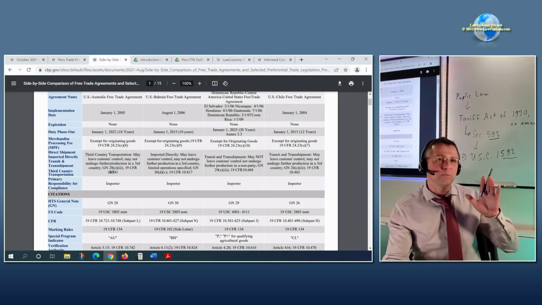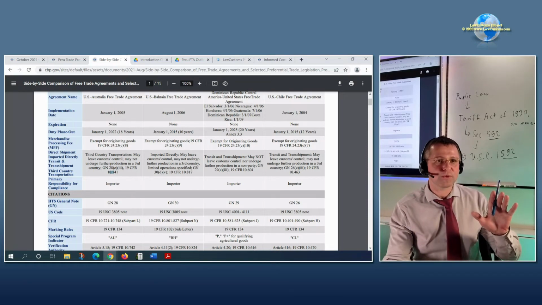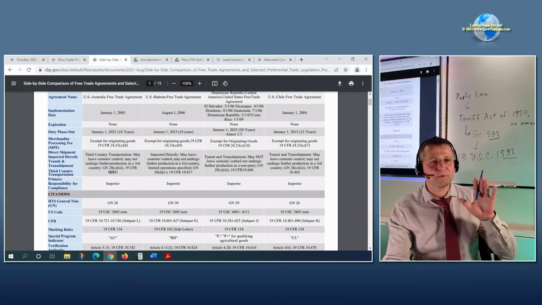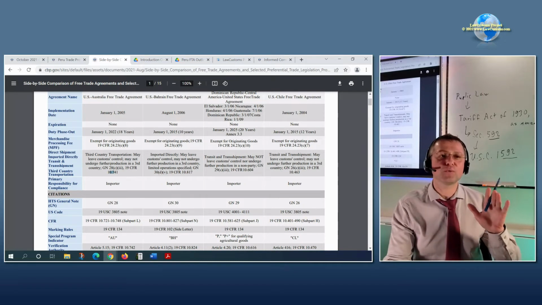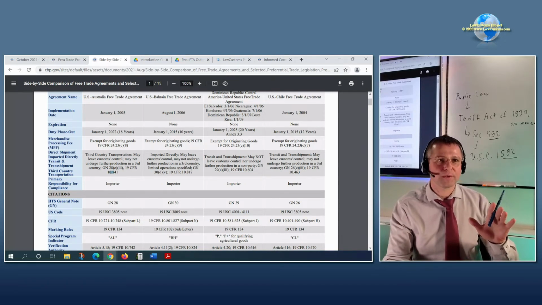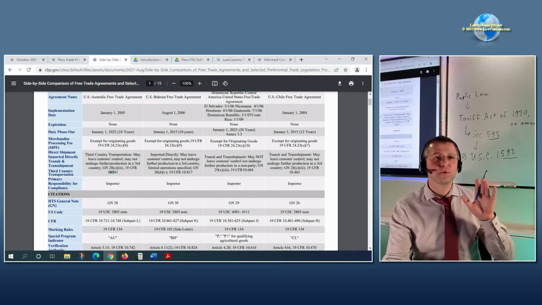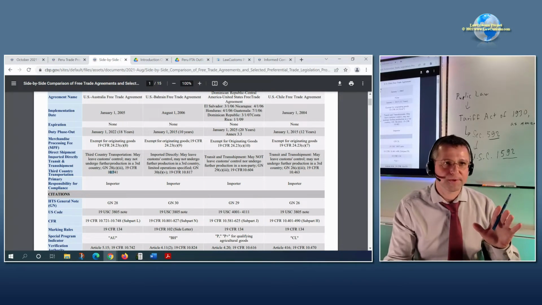So part 10 of the Code of Federal Regulations usually provides for procedures such as certificate of origin information, such as the third country transit shipments.